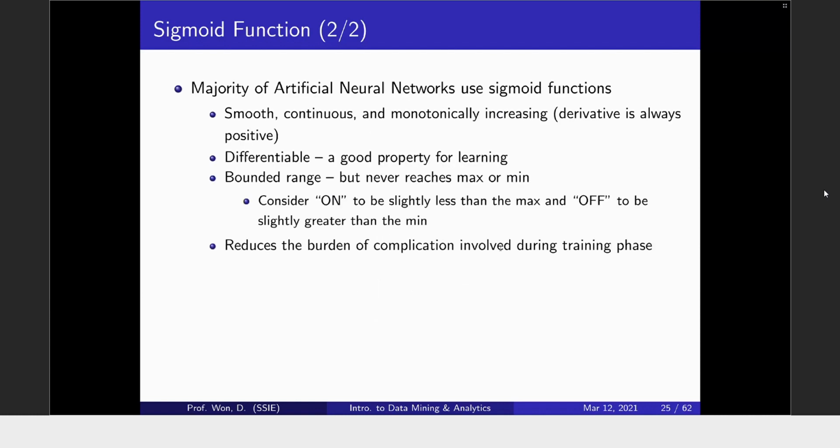The majority of artificial neural networks actually use some sigmoid function. Why? Because it is smooth, continuous, and monotonically increasing. Think about it: smooth and continuous means we can apply the derivative.